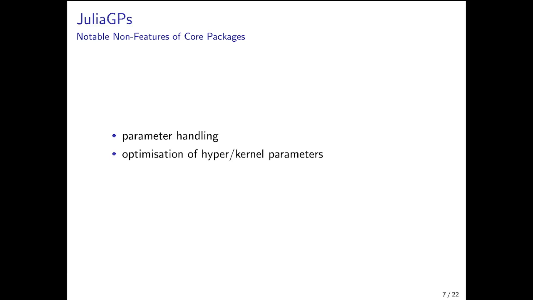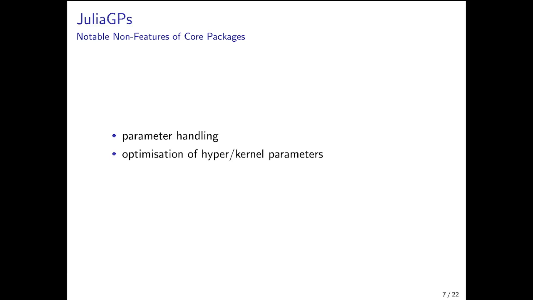So, for example, we assume that you're happy to work with things like Optim.jl or Optimizers.jl or any of the standard optimization packages. You're willing to work with parameter handling packages like ParameterHandling.jl or Flux's Functors package, or one of the various variants on these, in order to work with our GP functionality.